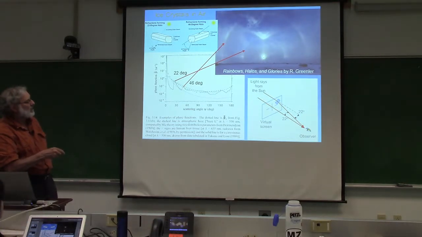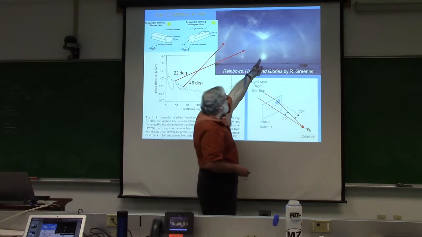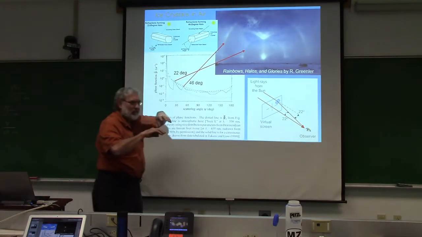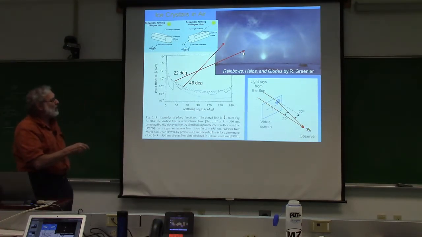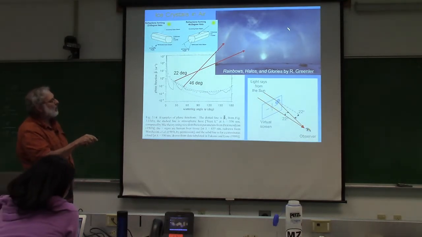There's the sun. There's a couple of spots here which are on the 22 degree ring. Those are called sundogs. And a lot of times you'll only see the sun and these 2 spots here. If the crystals are all oriented kind of the same, you'll only get one part of the ring. If the crystals are randomly oriented, then you'll see the whole ring.